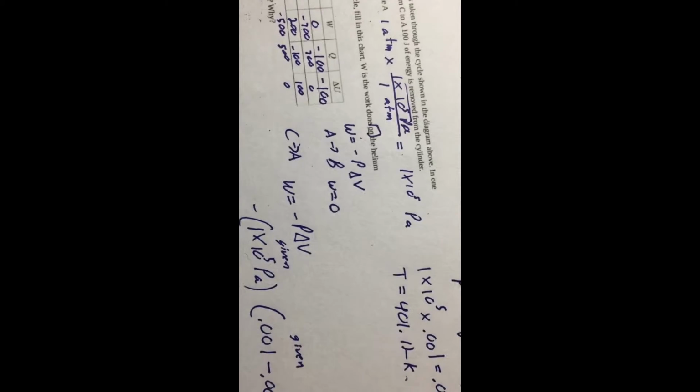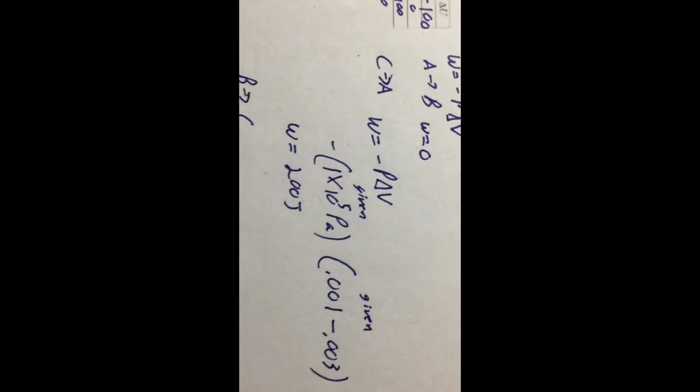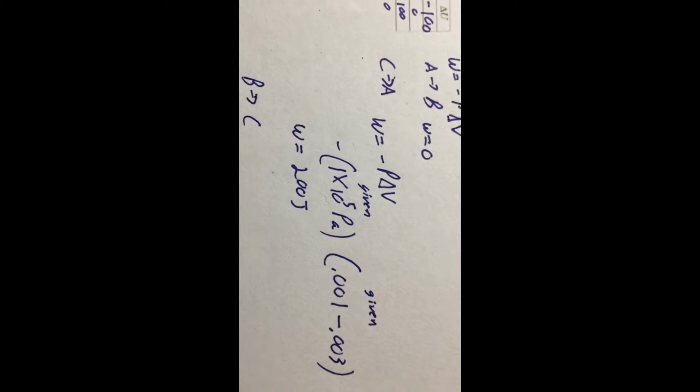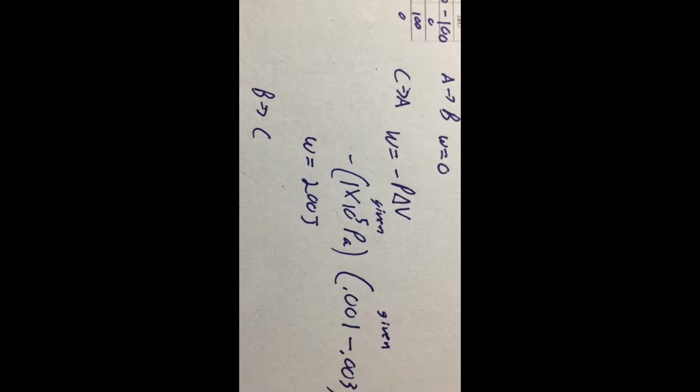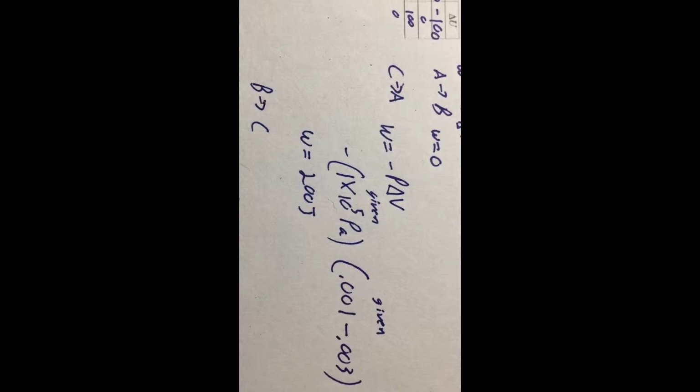So first things first. From C to A, work equals negative P delta V. You're given that the pressure is 1 times 10 to the 5th pascals, and the change in volume is given by the graph here.